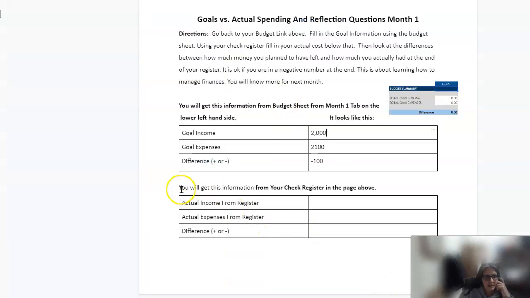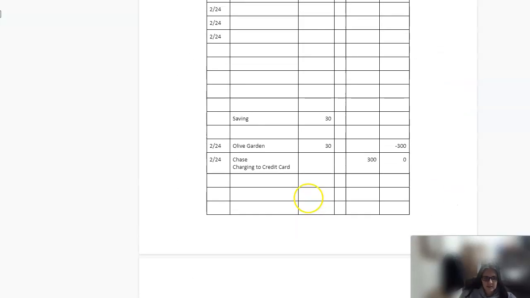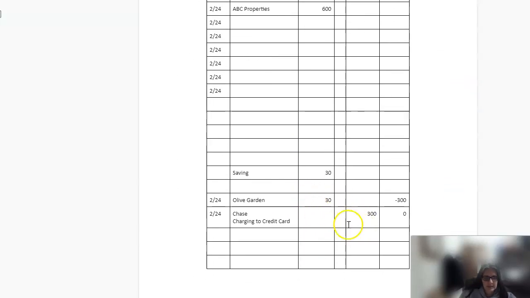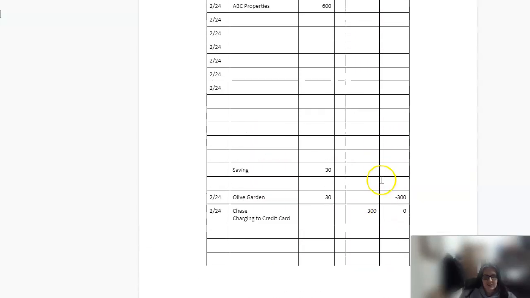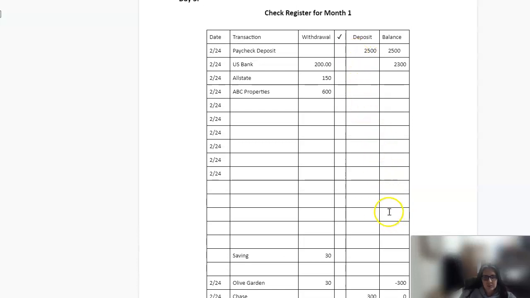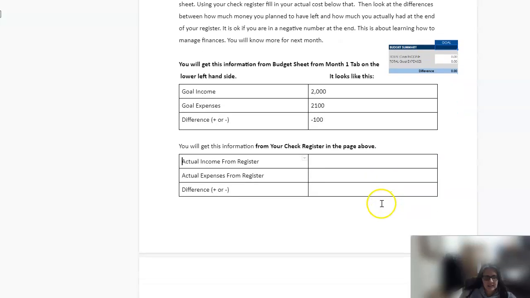Okay, and then the next is your actual income, expenses, and difference. This is from your check register that you just did above. So that's going to be like this, right? Remember, I just put some of this stuff in. On here is where I fill in my actual income from the register.